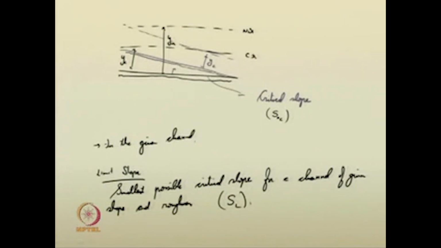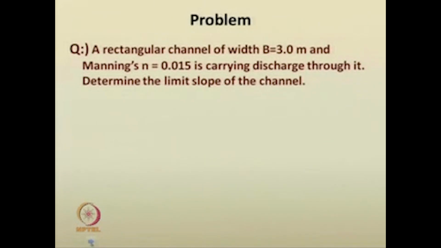Let us do one example, and with this example I think it will be more clear for you. I am giving you a problem. A rectangular channel of width B is equal to 3 meters. It is carrying a steady discharge.